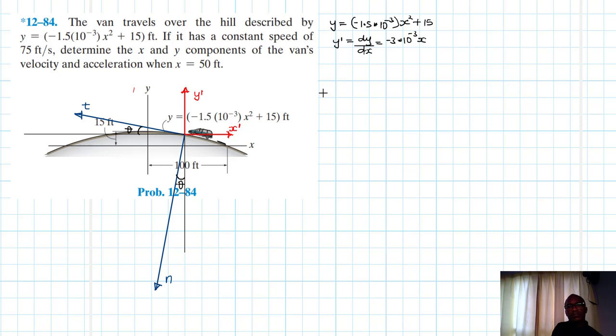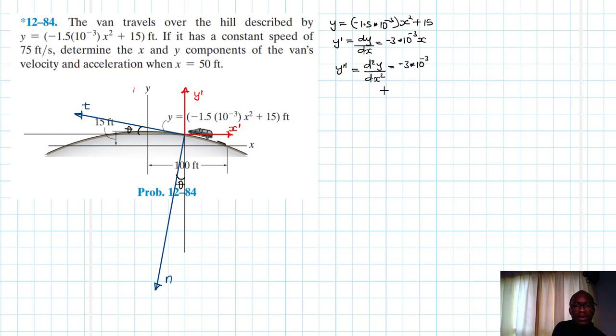That's all. So y double prime is equal to minus 3 by 10 to the power negative 3.